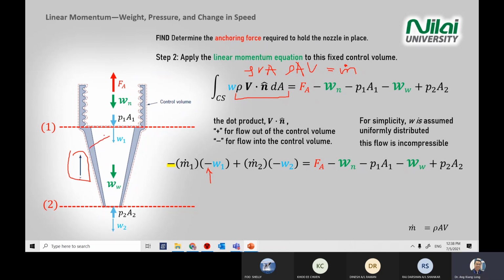So what you need to do in your equation is add a negative sign for W, because we are looking at a vertical direction. This is the string or nozzle case. It will be different if I re-engineer the question into a fountain.